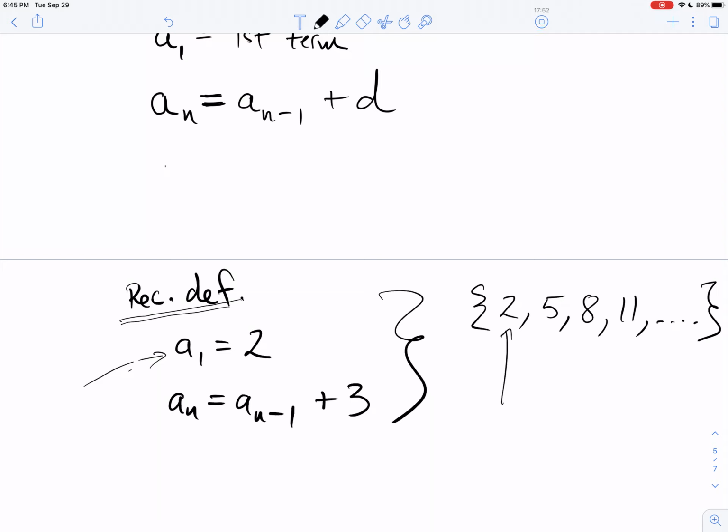Then, if you want to know any other number in the list, you better know the one number that came before it, then add 3 to it. So if I started at the number 2, and I wanted to know the next number in the list, I add 3 to it, I get 5.